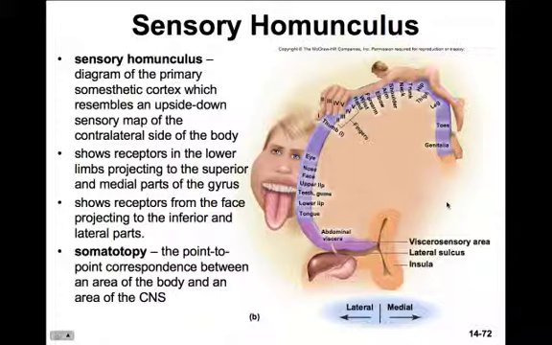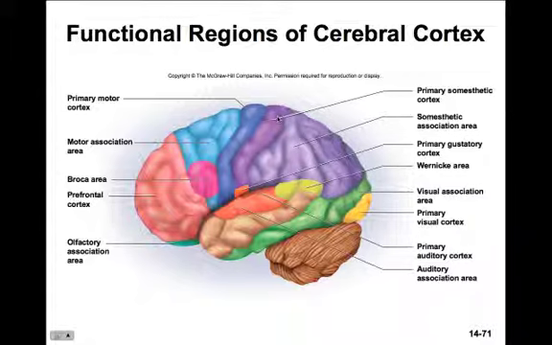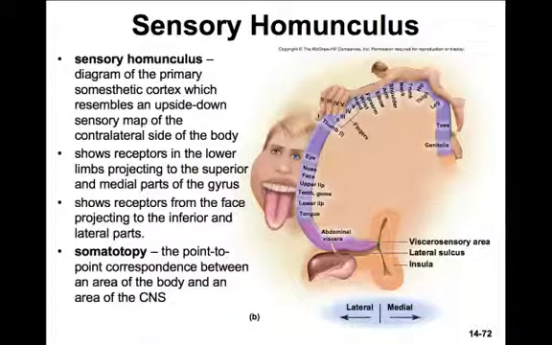The thalamus will process the input and selectively relay signals to the postcentral gyrus, or the primary somatosensory area. We can see this gyrus here. This diagram shows that receptors in the lower limb project to the superior and medial parts of the gyrus of the opposite side, and receptors in the face project to the inferior and lateral parts.